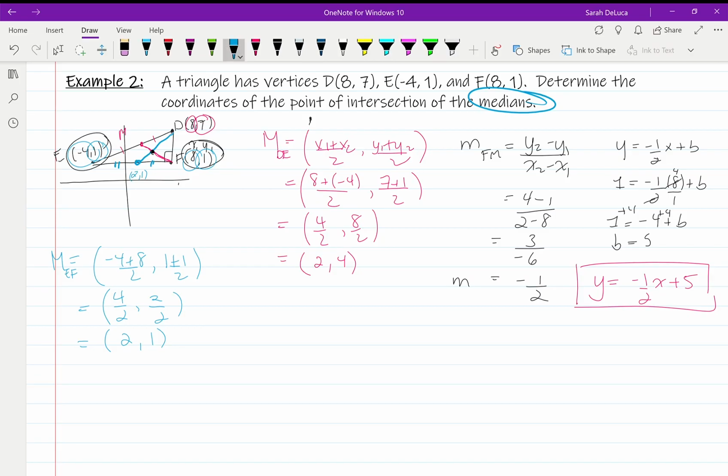Now I need to find the slope of this line, the slope of D to its midpoint. We're doing the y values, so y2 minus y1 over x2 minus x1. This is y2, so 7 minus the y value down here, which is 1, and 8 minus 2 at the bottom.